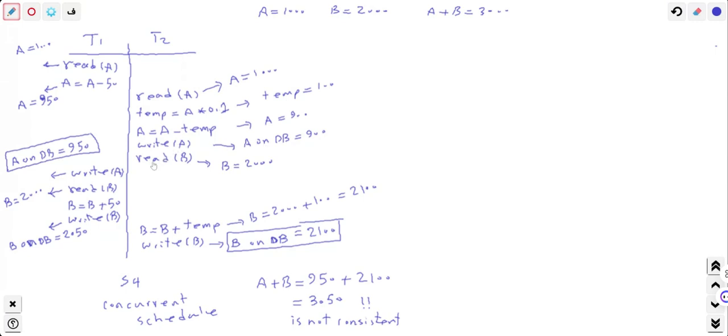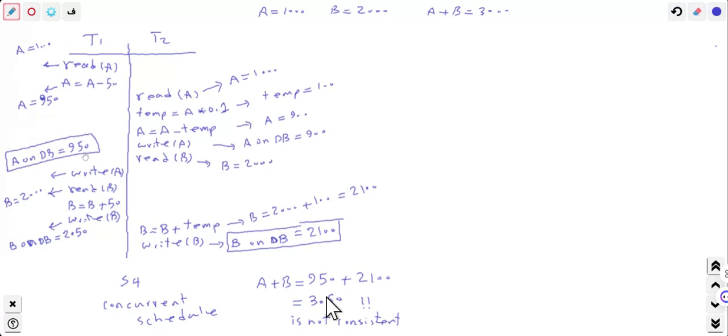Then if we continue, we reach this write A by T1. T1 writes 950 on A. So the previous value, which was 900, is changed to 950.